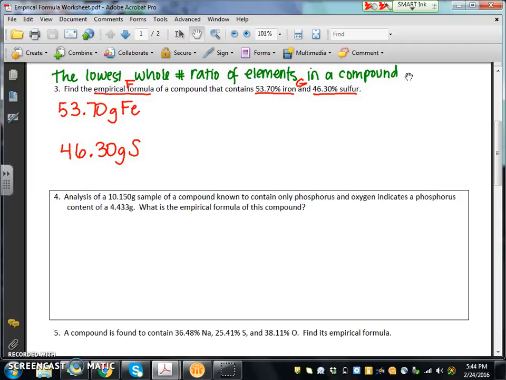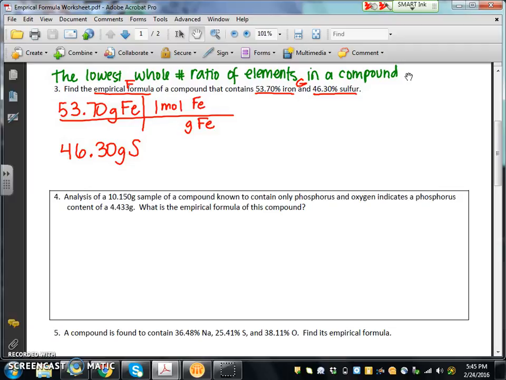The second step says mass to mole. So now that we are in mass, in grams, we need to convert both of these values into moles. And we know how to do this by using our molar mass. We know that molar mass can take us from grams of iron into moles of iron.